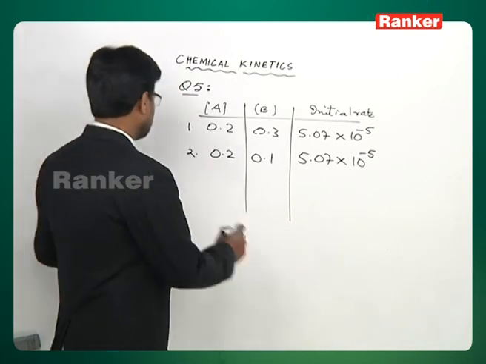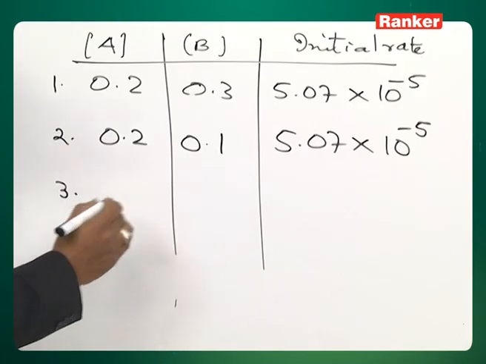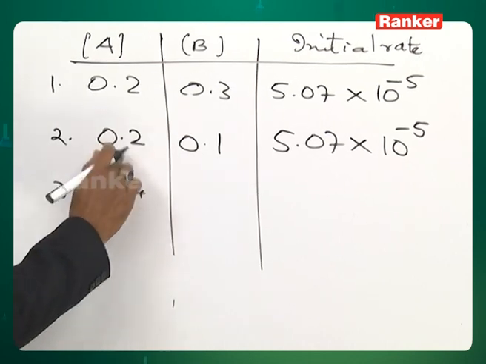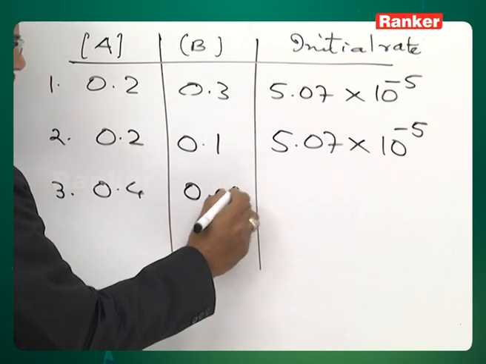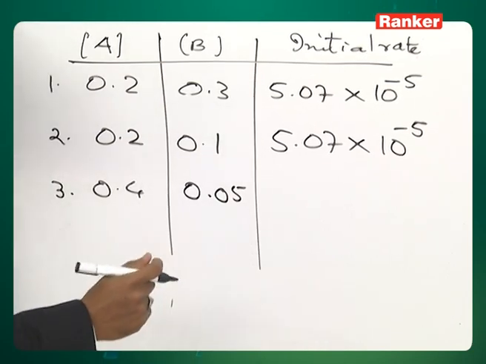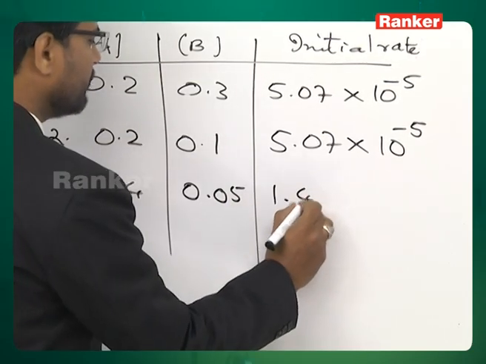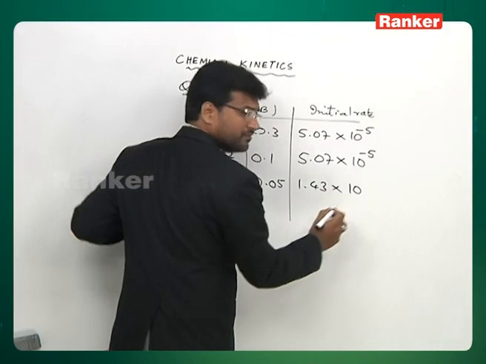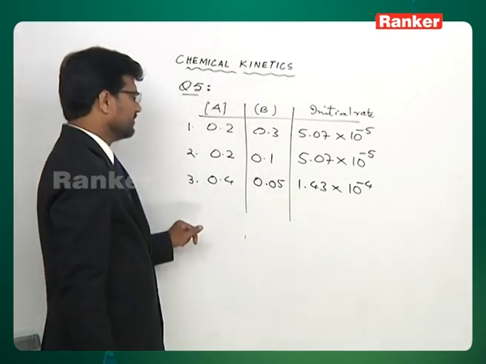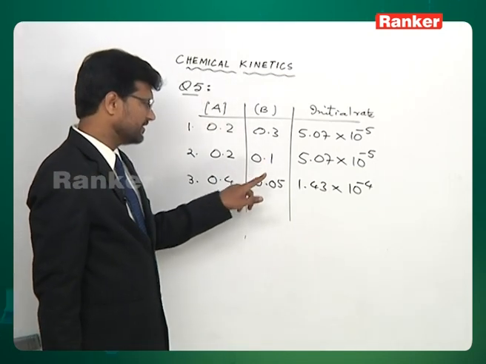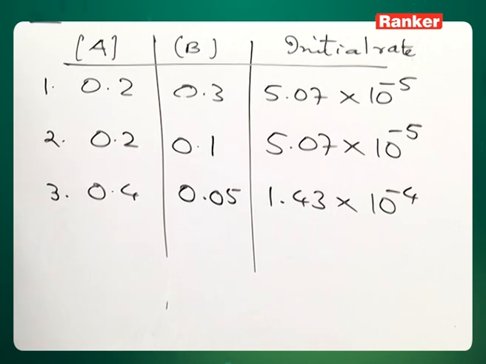Now what you have done here is you have taken 0.4, that means you have doubled this. This you have taken as 0.05, you have halved it, and the rate has become 1.43 into 10 raised to minus 4. Now you know very well that any change in the concentration of B is not going to affect the rate.